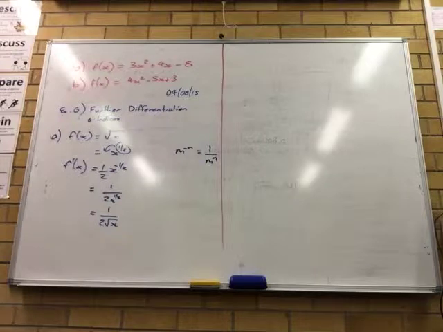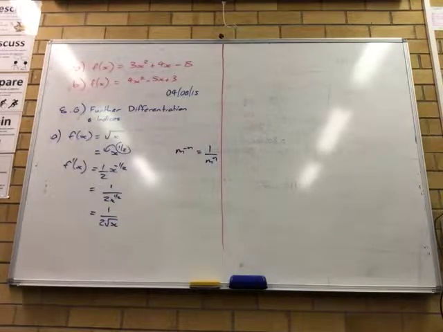Does anyone notice anything about whatever value I substitute into the derivative function? Well, what values of x am I restricted to? Why? Because with f of x, if it's a negative, it's not a real number.